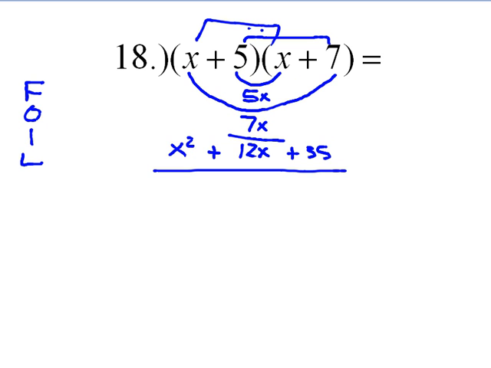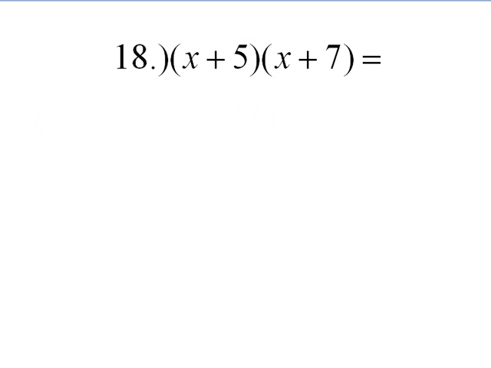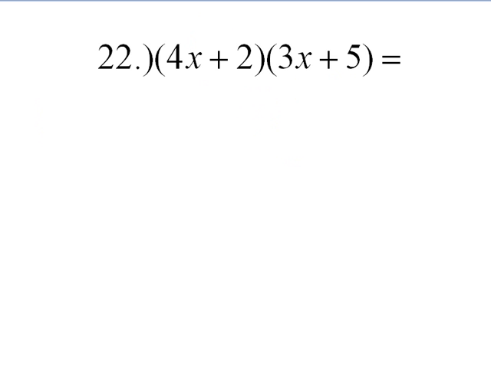Alright, let's try it again. Okay, here's a little more complicated one. I don't want to fool around with this inside-outside terms. I'm going to make my little smiley faces. The eyes are completely optional, of course. 2 times 3 is 6x.